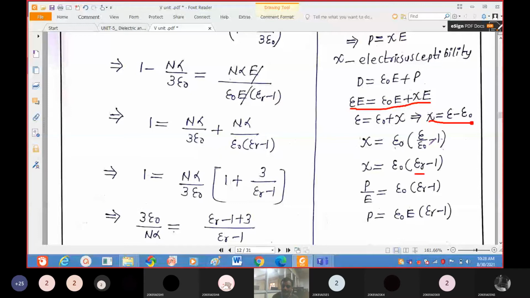So finally this equation will become 1 minus n alpha by 3 epsilon naught is equal to n alpha by epsilon naught into epsilon r minus 1. Now bring this n alpha by 3 epsilon naught to this side. So 1 equals the total term. What is the common term? n alpha by epsilon naught is the common term on this side.